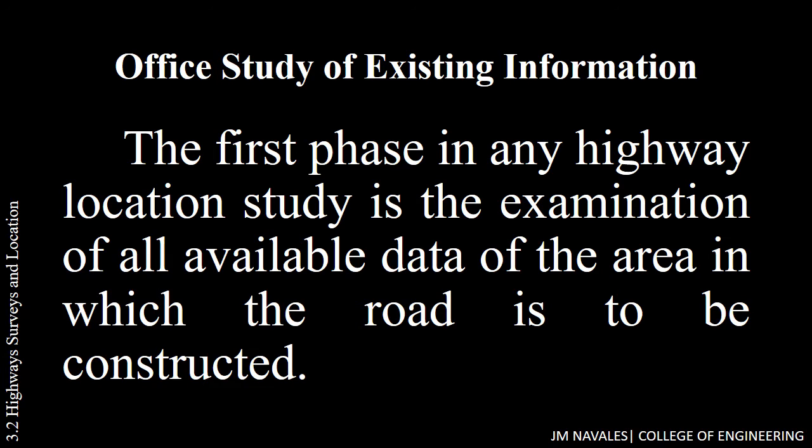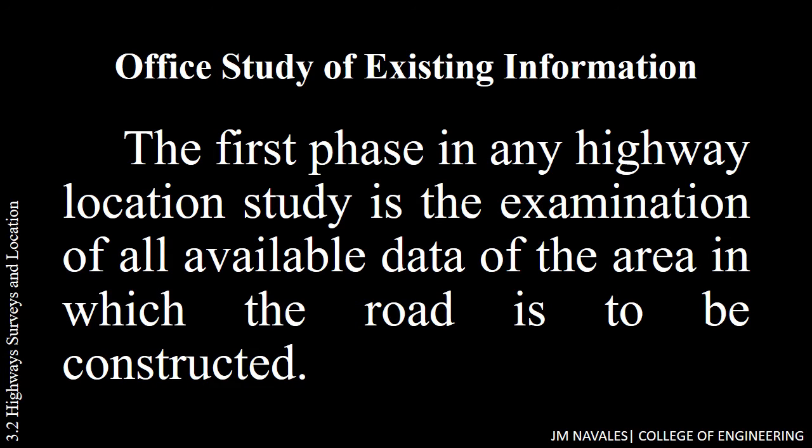Okay, first, the office study of existing information. The first phase in any highway location study is the examination of all available data of the area in which the road is to be constructed.